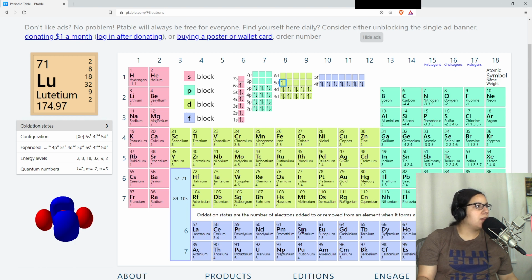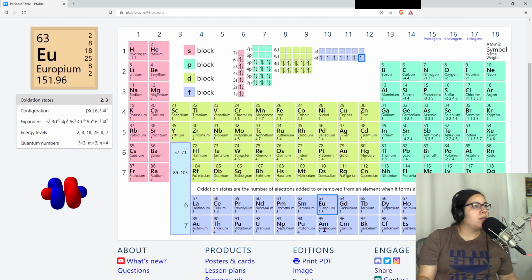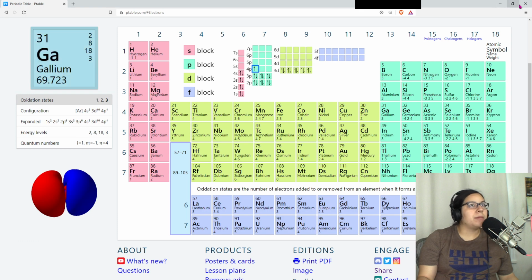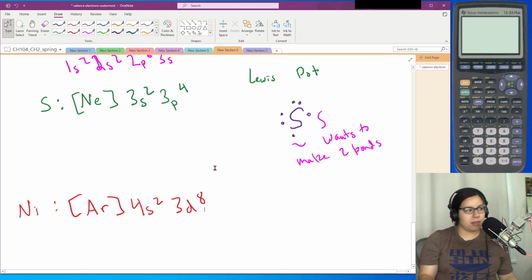But you can get some kind of discrepancies in the middle here. So let's see if we agree with this one, with europium. Let's look at europium together. So europium electron configuration.